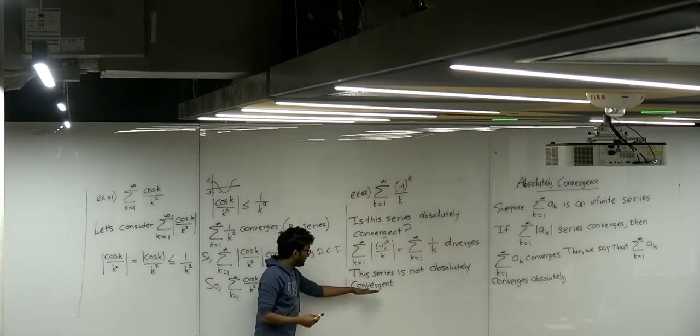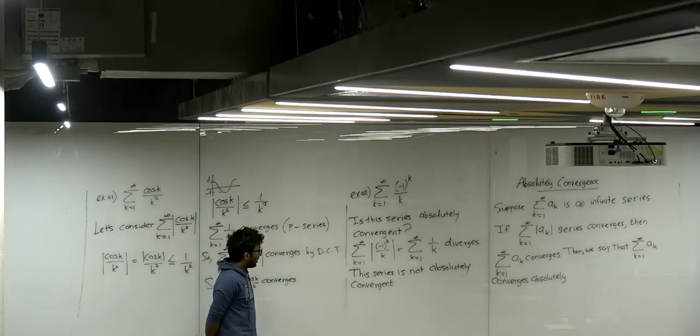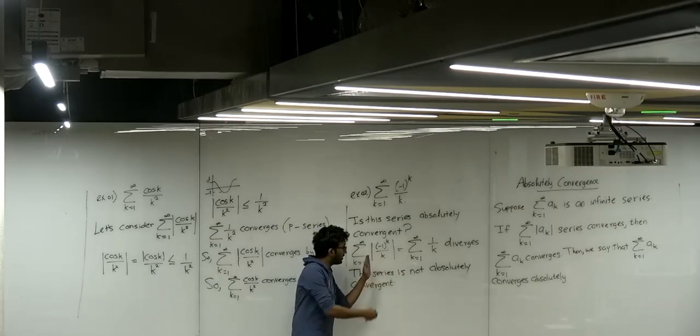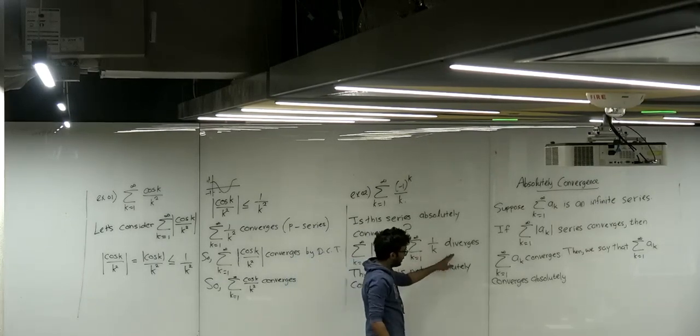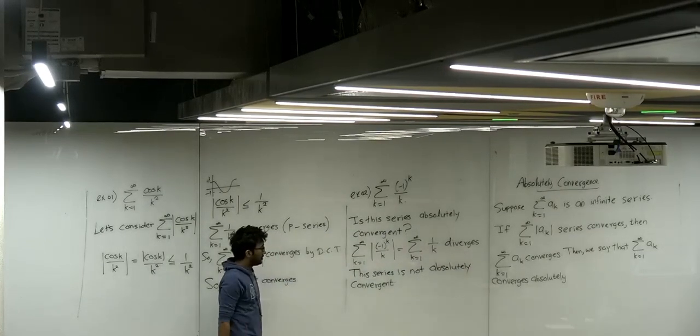I hope everyone can see it. If I write here, can you all see these lines? Okay, now is that clear? Any questions about that statement? Because I evaluated this series and it diverged, so it is not absolutely convergent.